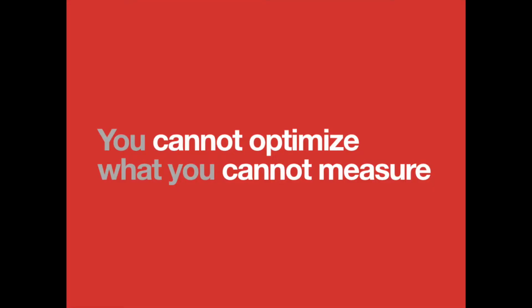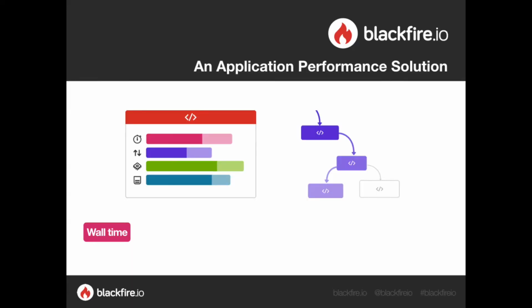You can't optimize what you can't measure, that's pretty obvious. But the reality is that very few developers have the tools to measure their code's performance. Blackfire makes it easy to measure, understand, compare, and improve your code's performance.